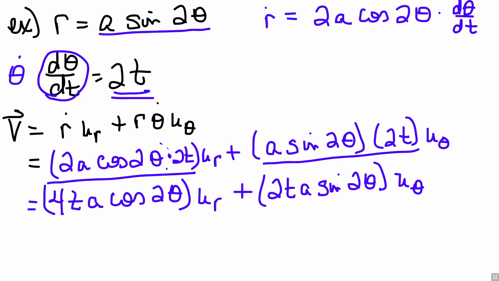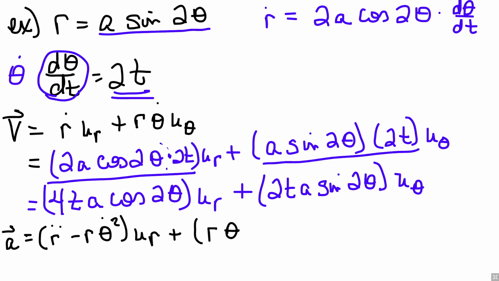For the acceleration vector, it's going to be defined as r double dot minus r times theta dot squared in the u of r direction, plus r theta double dot plus 2r dot theta dot in the u of theta direction.